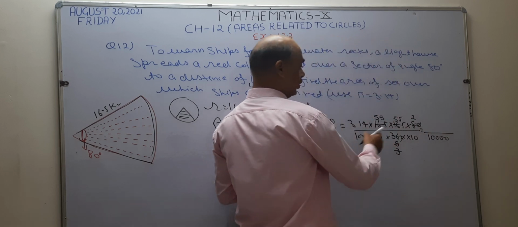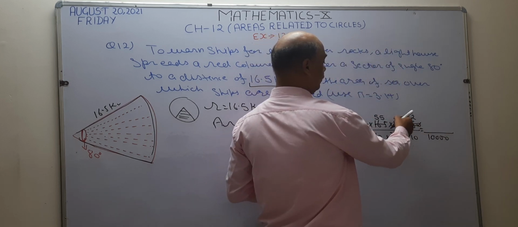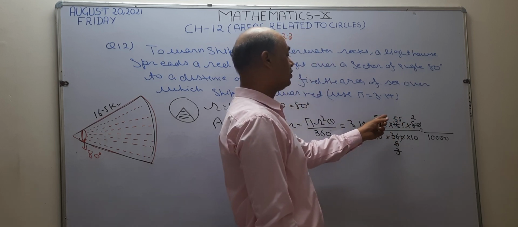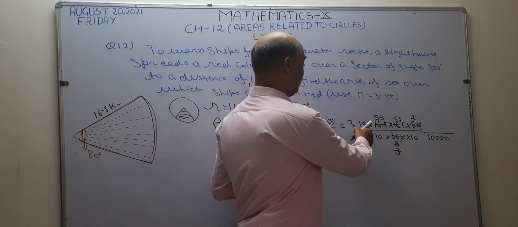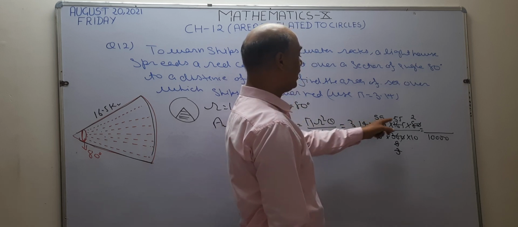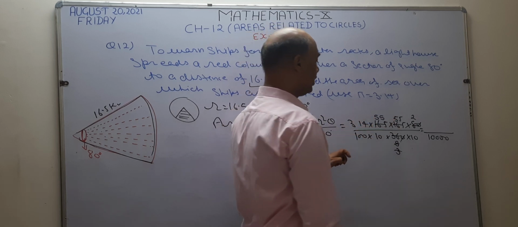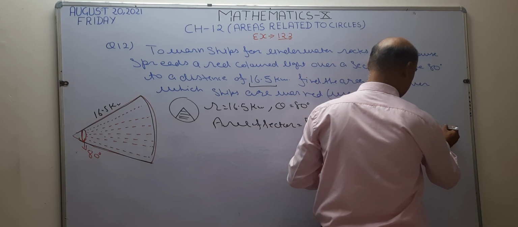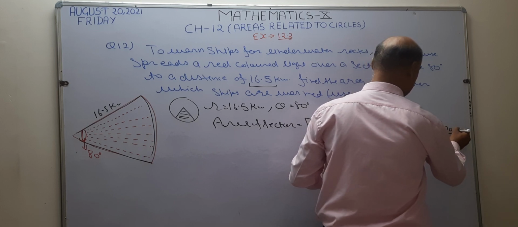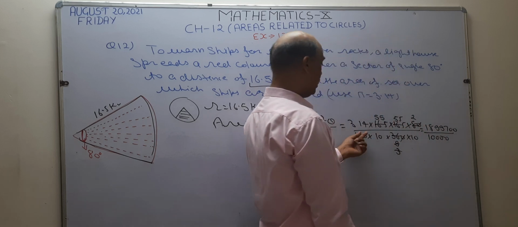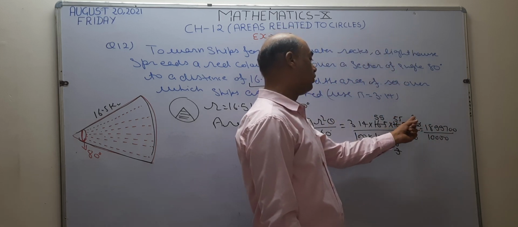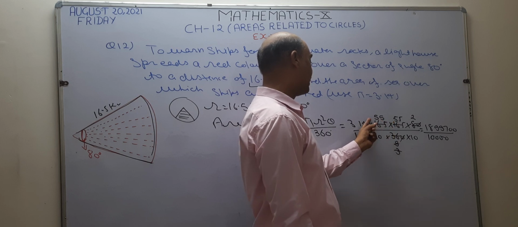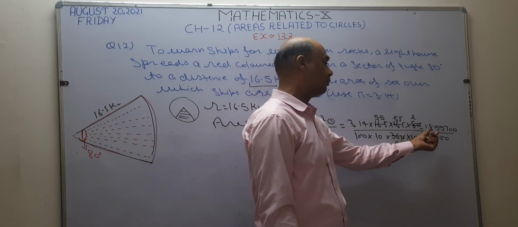Now multiply these two and it becomes 110, and multiplied by this it becomes 6500, and multiply this one by 314. When you multiply all the terms in the numerator, the answer will come 18997 00. When you multiply 2 into 55, again by 55, and again by 340, the answer will become this.